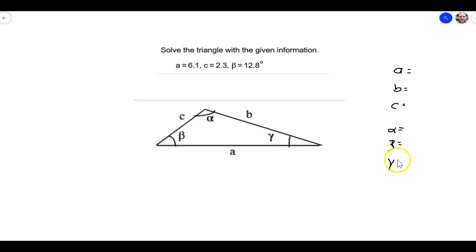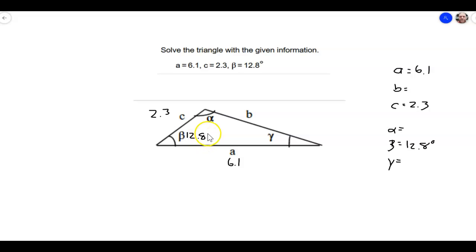What they give us: a is 6.1, and for C, it's 2.3, and for beta, it is 12.8 degrees. I'm also going to fill in here what I have. I have a 6.1 here, for C I have a 2.3, and for beta over here, I have 12.8.